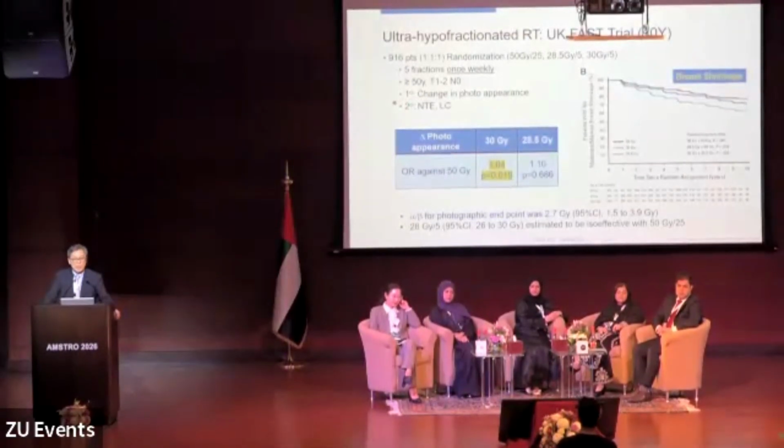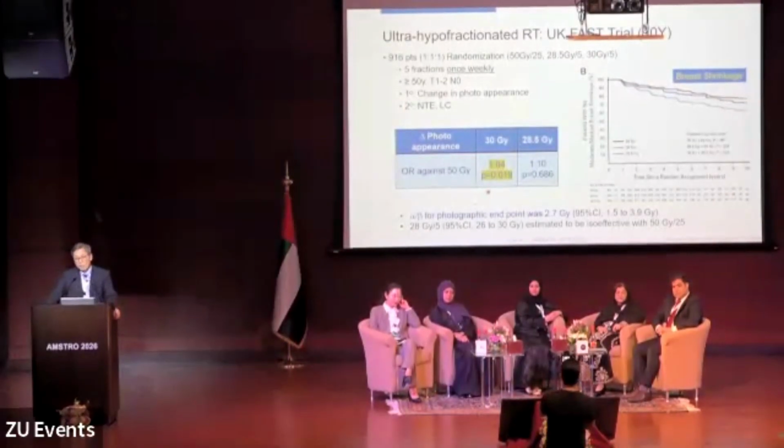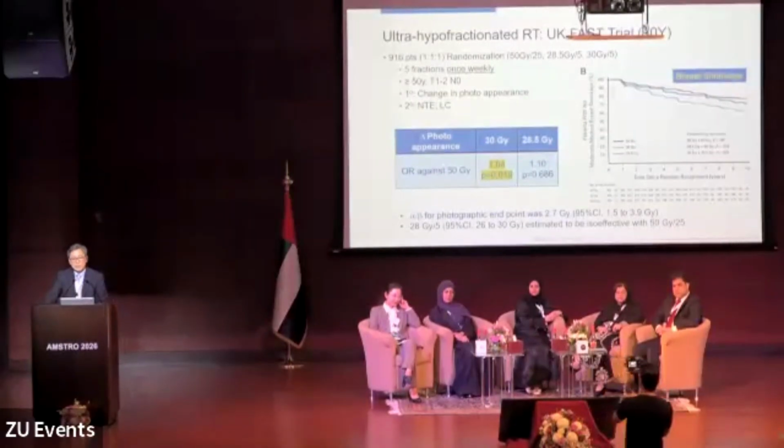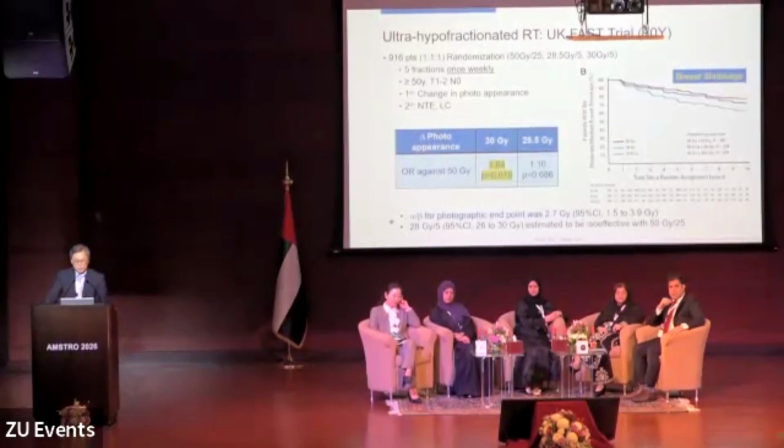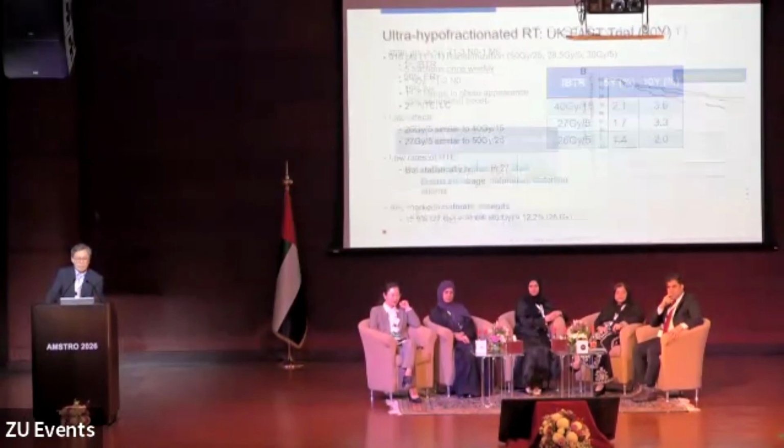Primary endpoint was change in photographic appearance, and it was worse with the odds ratio of 1.64 for the 30 gray arm. And you can see the graph here. So from this study, they estimated the alpha beta for the endpoint was at 2.7 gray. And 28 gray in 5 fractions was estimated to be isoeffective with 50 gray in 25.